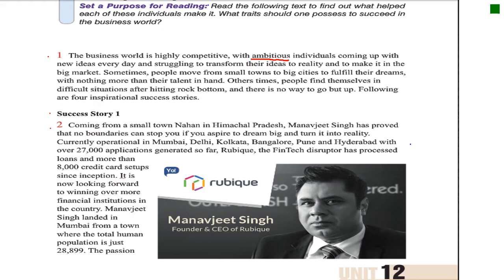With over 27,000 applications generated so far, Rubik, the fintech disruptor, has processed loans and more than 8,000 credit cards set up since inception. It is now looking forward to winning over more financial institutions in the country.